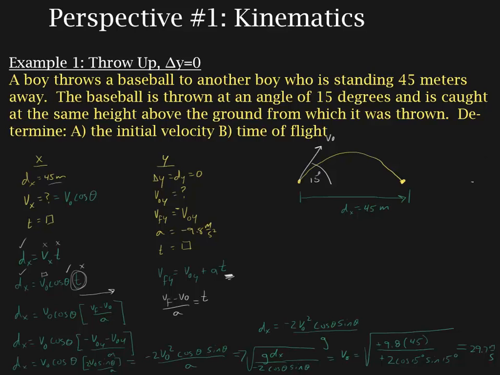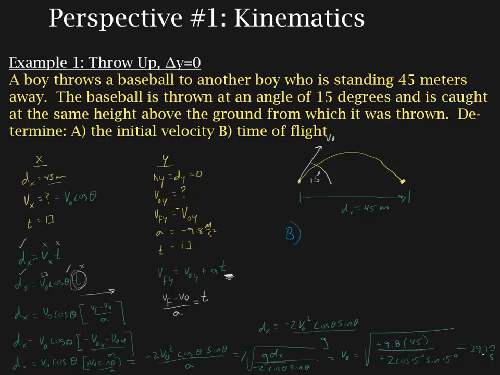Okay, now we want to know what the time of flight is. To determine the time of flight, it is not necessary to follow the whole path. We can look at just the vertical motion or the horizontal motion. So you have a couple of choices. If we try to stick with only the information we're given, I don't know if that's possible.